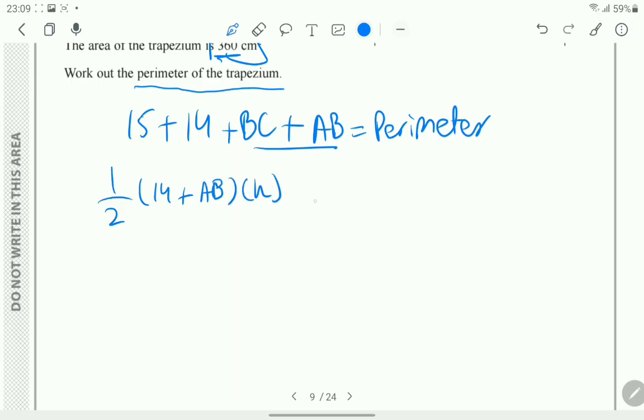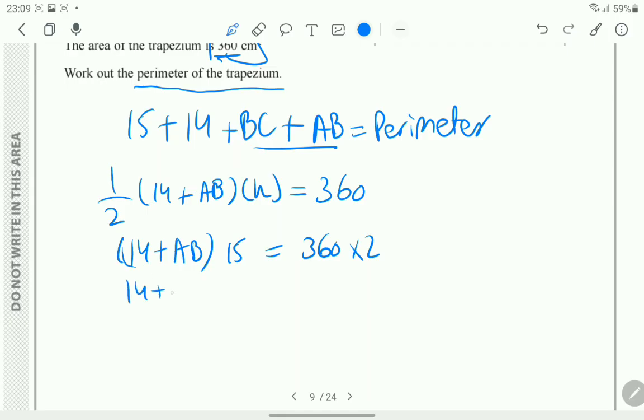times height. It gives us 360 centimeters square. Solving this, we get 14 plus AB times 15, because we have the height in this question, times 2, we sent it here, and 14 plus AB equals 360 into 2 divided by 15.